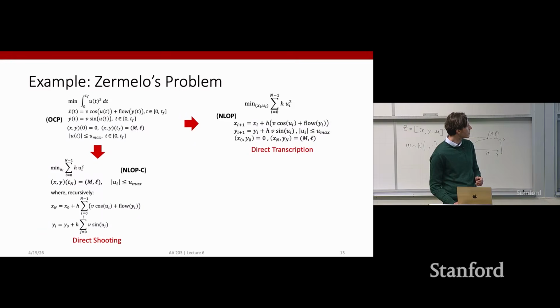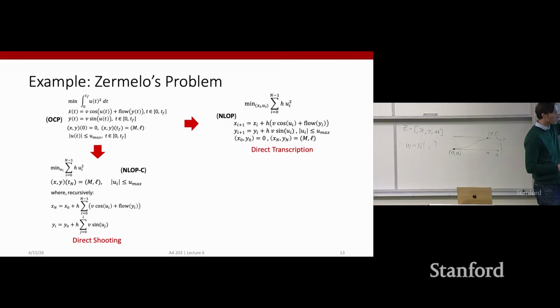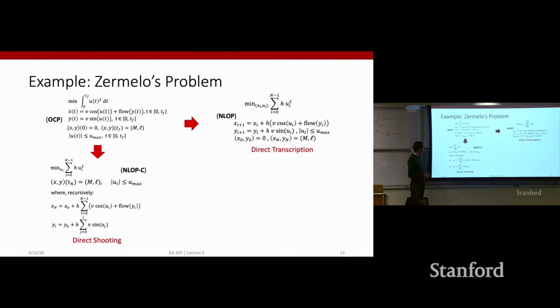Okay. All right. So basically, we saw these two families of transcription methods where at a high level, what we want to achieve is exactly the same thing. We want to go from our continuous time optimal control problem formulation to a discrete time one, which we can solve through black box numerical solvers. We saw the control parameterization methods, which entails using only the controls as optimization variables.